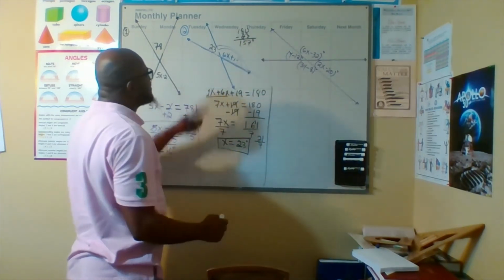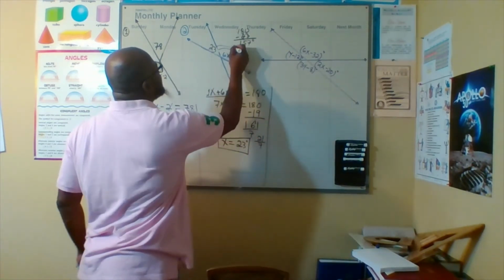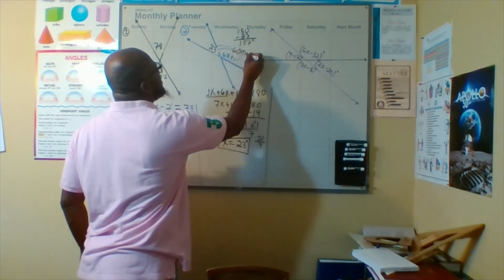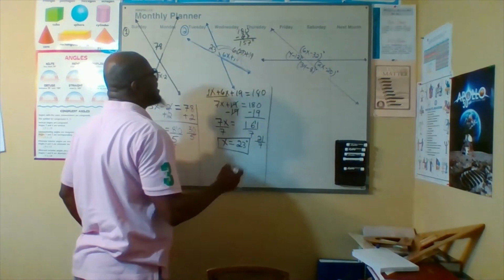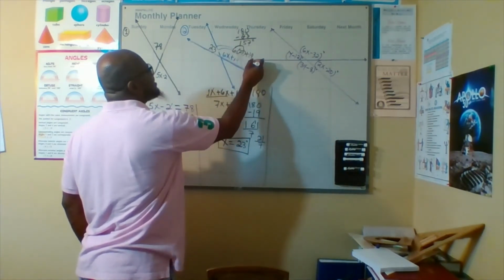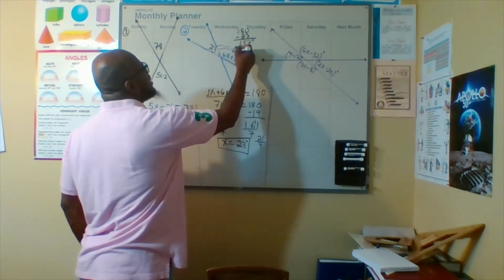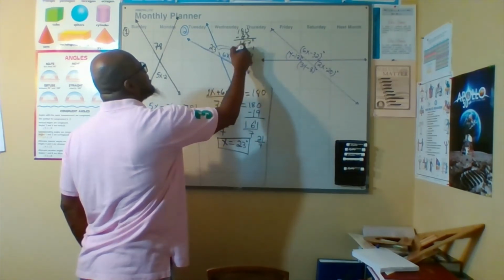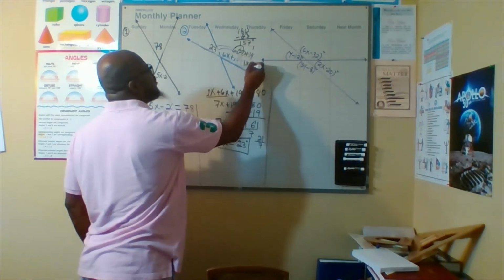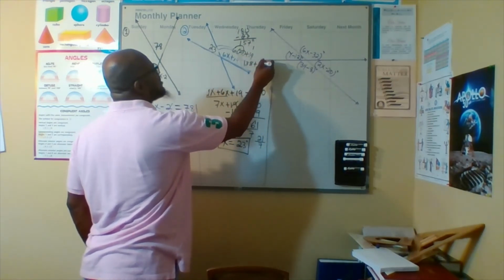Or if you're not sure, you come here, you take 6 times 23 plus 19, it must be equal to 157. All right, 6 times 3 is 18, carry 1. 6 times 2 is 12, 12 plus 1 is 13. Now you will have 138 plus 19.